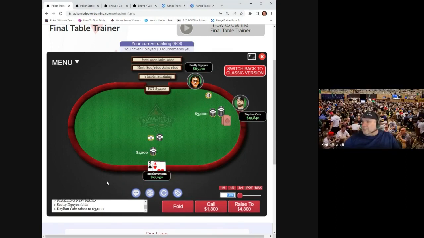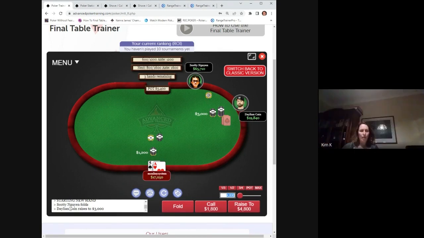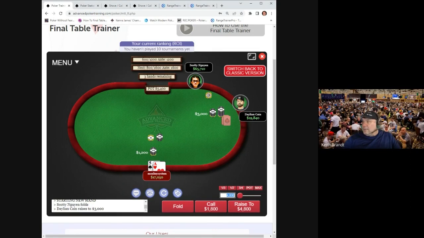So tempted to jam. All right, 'cause we got the blocker. Small blind raises, big blind, ace-5 offsuit. Half the time it's a call, half the time it's a jam. Flip a coin.